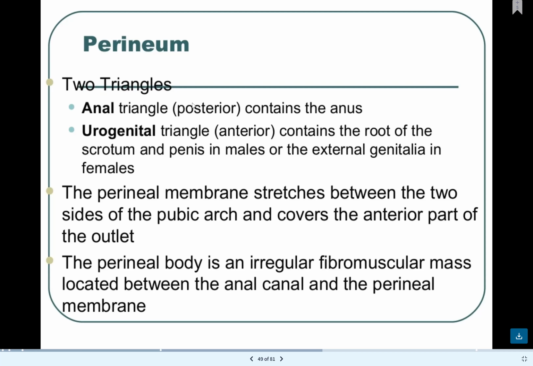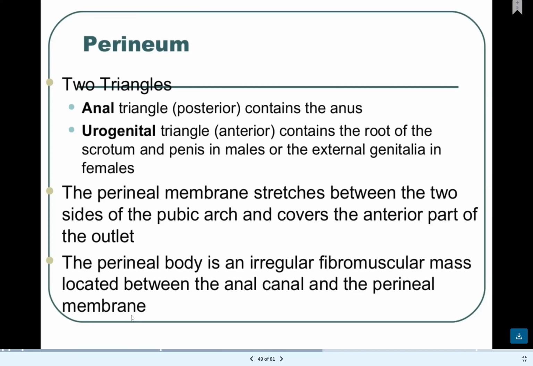The anal triangle is also known as the posterior triangle, which contains mainly the anus. The urogenital triangle contains the root of the scrotum and the penis in males, and the external genitalia in females. The perineal membrane stretches between the two sides of the pubic arc and covers the anterior part of the outlet.